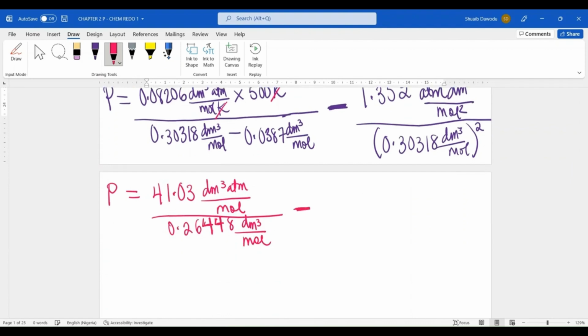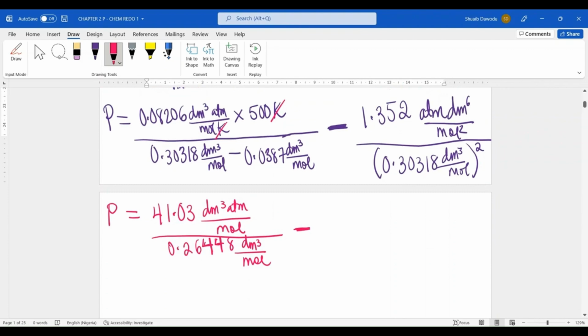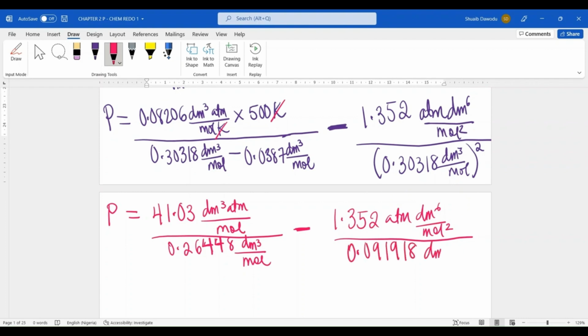minus 1.352 atmosphere decimeter raised to the power 6 per mole squared divided by 0.30318 decimeter cube per mole all squared. That's simply just going to be 0.091918 decimeters to the power 6 per mole squared.